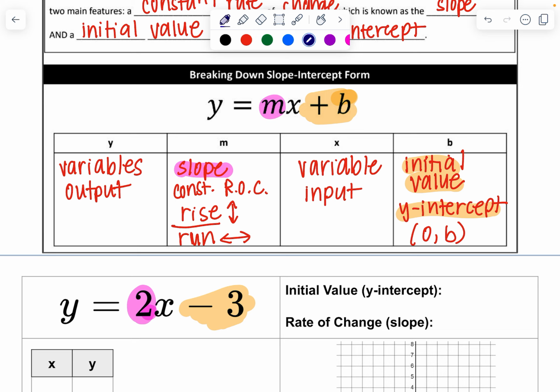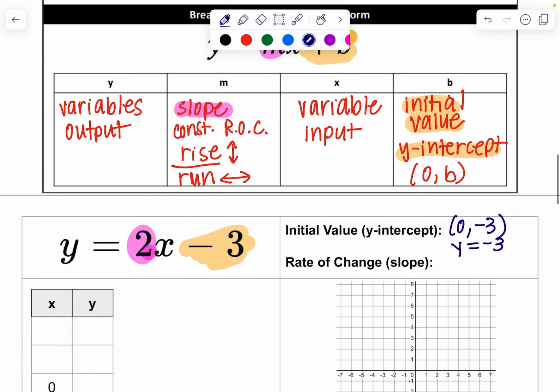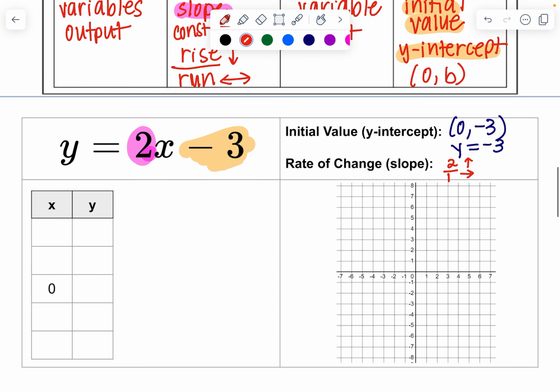So my initial value is going to be (0, -3) as an ordered pair, or you can say y equals -3 would be appropriate for the y-intercept. And my rate of change is going to be 2, or 2 over 1, because I want like a fraction, rise over run. This means I'm going to go up 2 and right 1. Based on this information, I can start to graph.